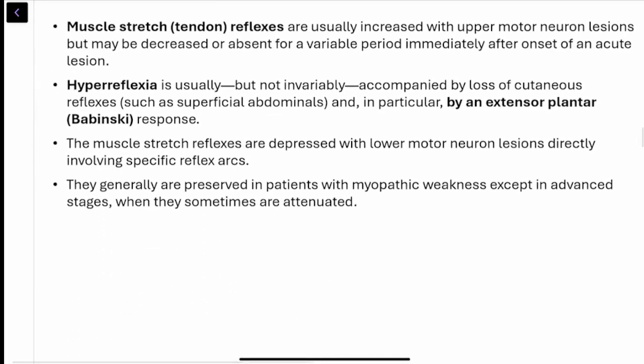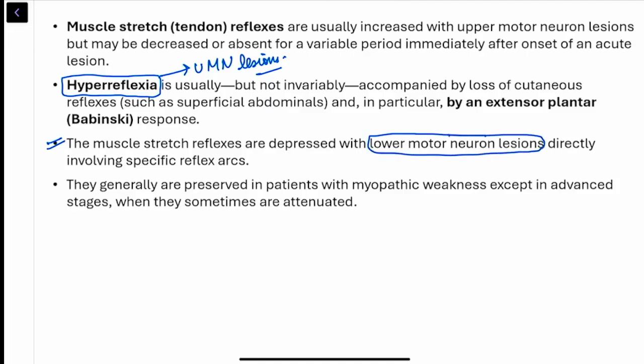Now coming on to stretch reflexes. Right, stretch reflexes: hyperreflexia is present in upper motor neuron lesions, and if there is a lower motor neuron lesion, these stretch reflexes are depressed.